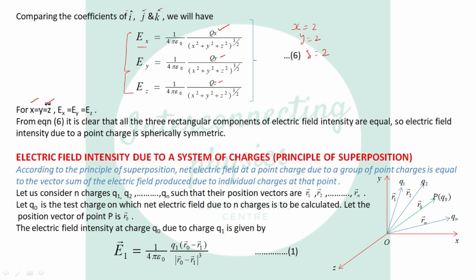So it means for x equal to y equal to z, Ex equal to Ey equal to Ez. And this relation tells us that electric field intensity due to a point charge is spherically symmetric. Means if we make the coordinates the same, then we see that the value of electric field is the same at every axis, and this means electric field intensity due to point charge is spherically symmetric.